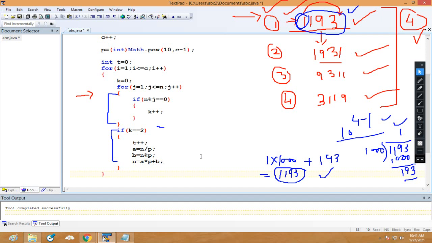Now, this condition has to be outside of the loop body.